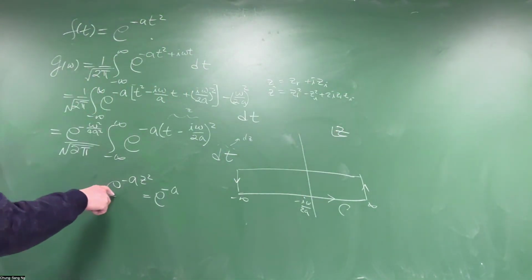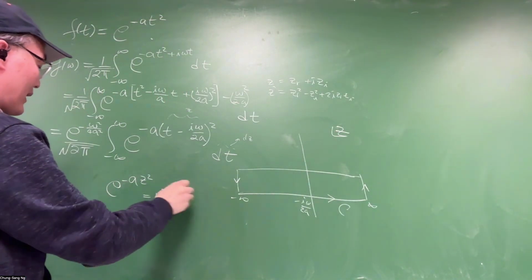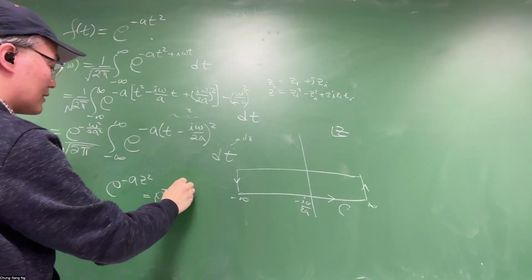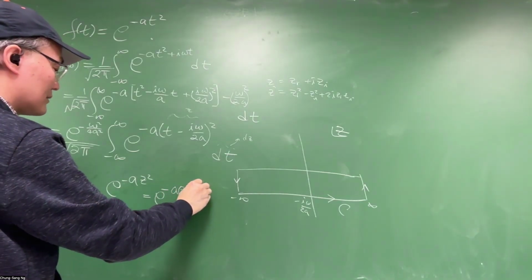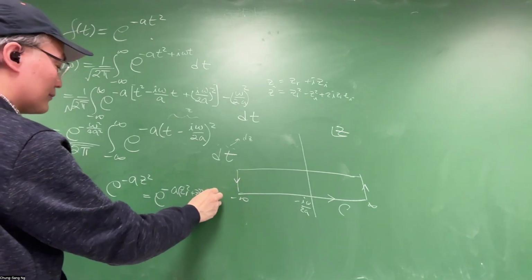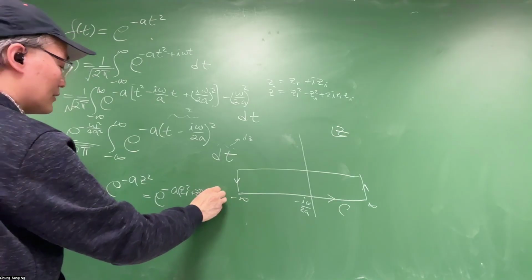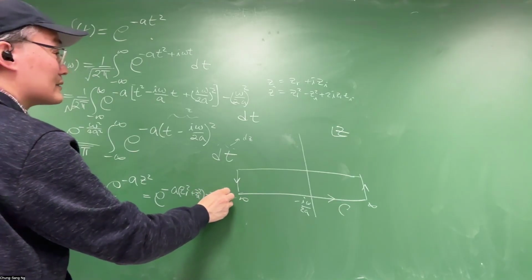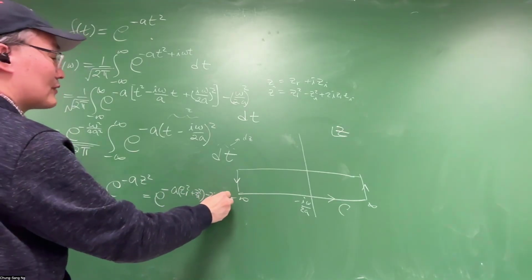So the real part is C_R squared minus C_I squared. And then you have this imaginary part, which is not important because that is oscillatory. This is a sinusoidal function.